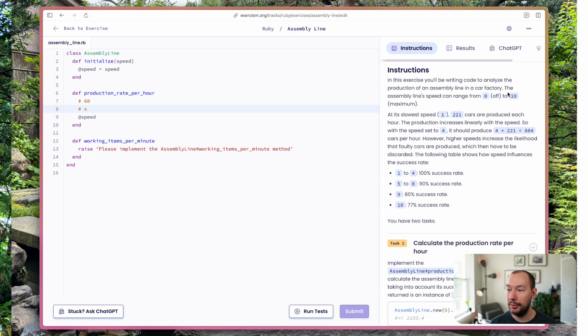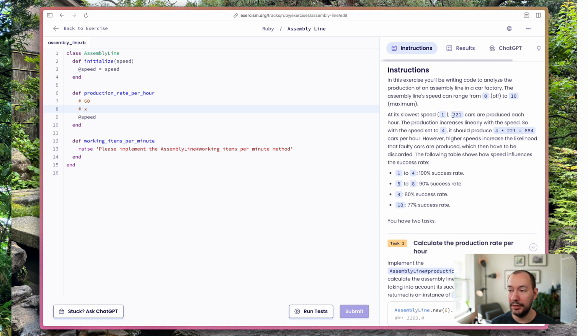Analyze production. Yep. Assembly line speed can range from 0 to 10. So that's probably something about why we're testing each of the 10 speeds. So maybe in this case we do need to test each of the 10. Perhaps. We'll see. It kind of comes down to ranges, but we're not really modifying the test, so it's not really up to us.